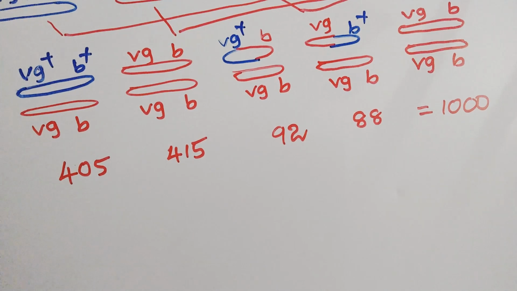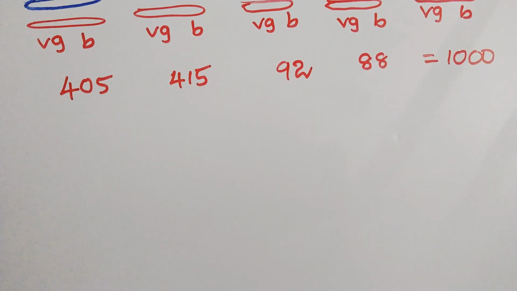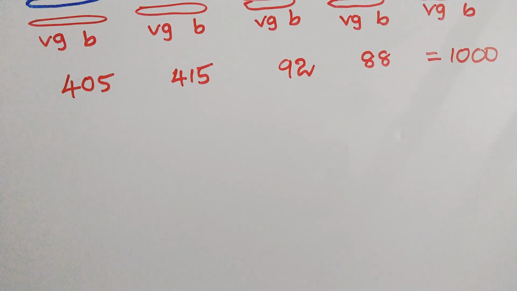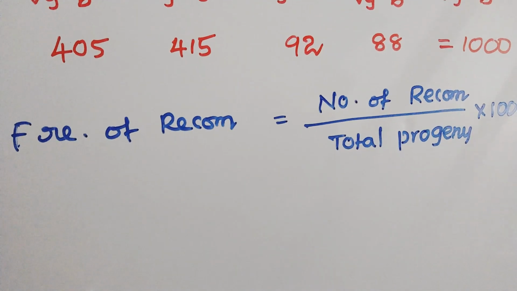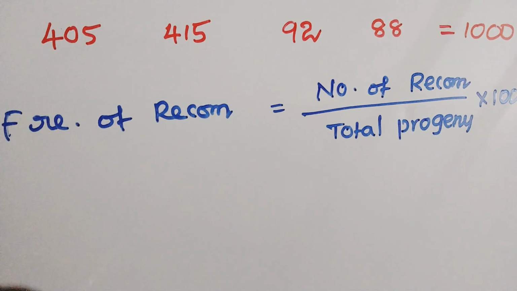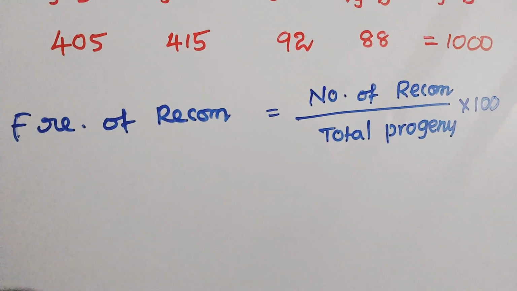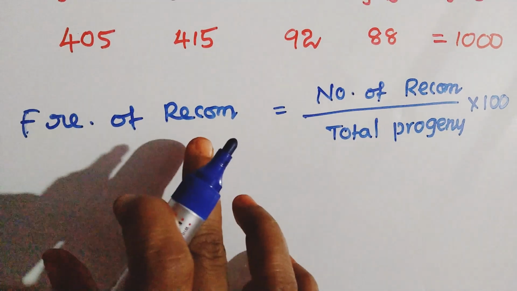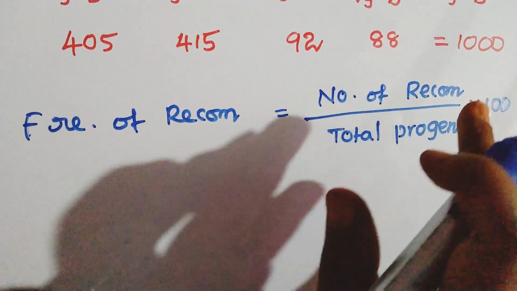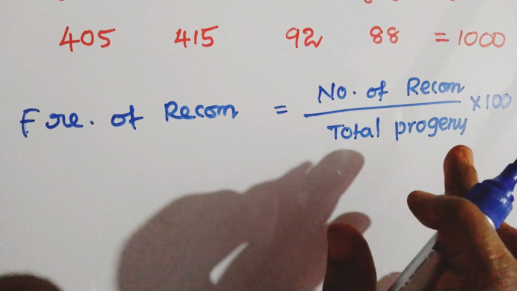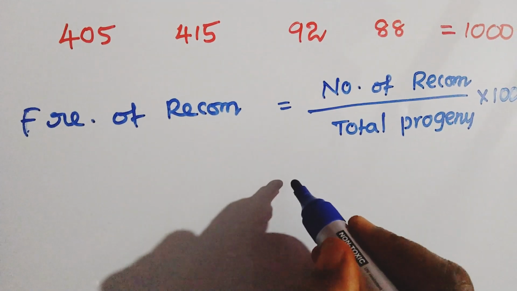Depending upon these values, we are going to get the frequency of recombination. To calculate it, we know the equation: frequency of recombination is equal to the number of recombinants produced in the test cross divided by total progeny of the test cross, times 100.